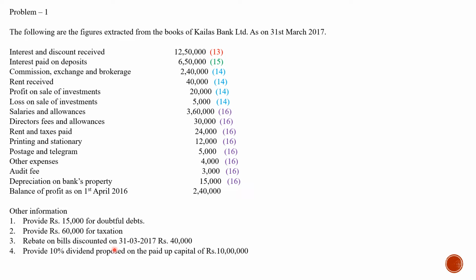Since it is a closing balance, you need to deduct it from the discount. If it were an opening balance, you would add it along with the discount. And then you need to provide 10% for proposed dividend on the paid up capital of 10 lakhs.